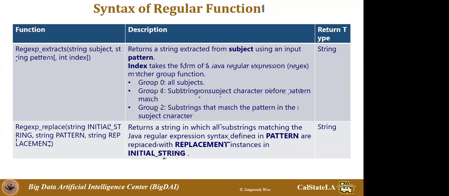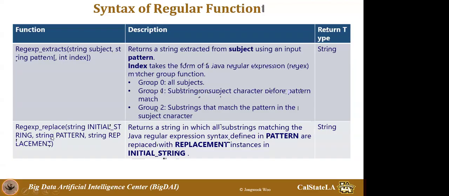And it also has a group after you search it that I'm going to show you later. If you just see group 0, 1, 2, that is for the substring over the subject character before the pattern match. But if I show you the example, it could be much easier to understand what is group 0 and 1 and 2. So at this moment, using this regexp_extract, you can define the pattern, and then you can find the substring from the text that matches that pattern.